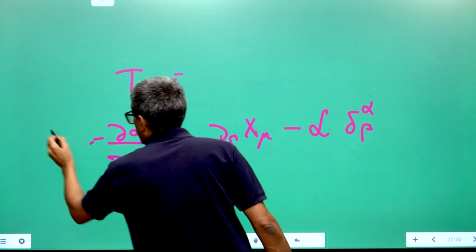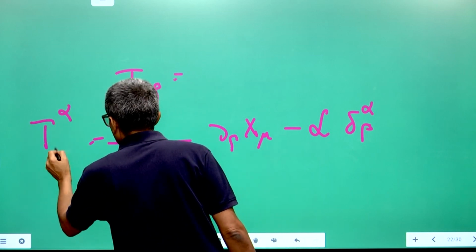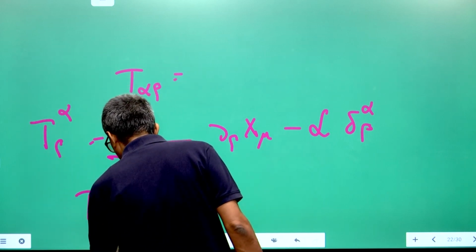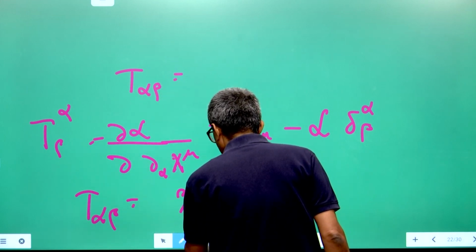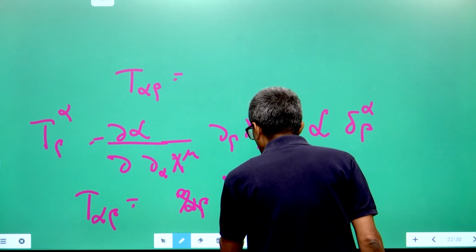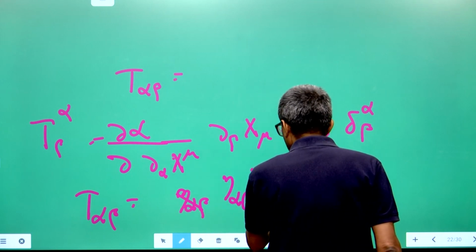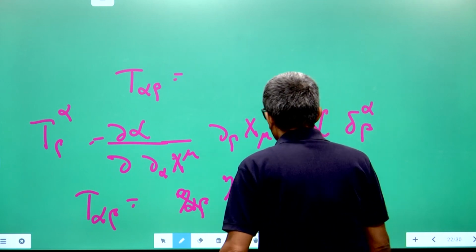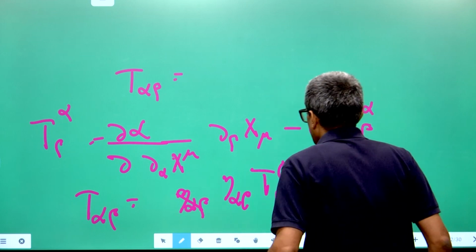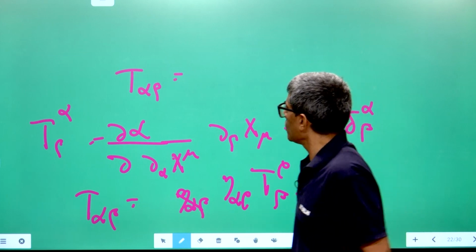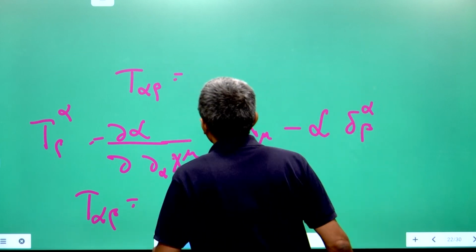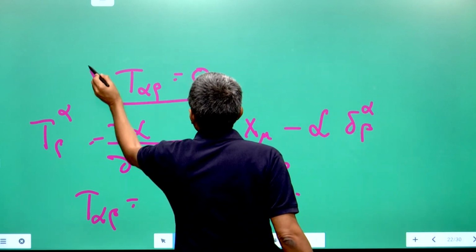If you call this T_{αβ}, then the contravariant energy momentum tensor is simply given by η^{αρ} T_{ρβ}. So if you write down the energy momentum tensor of this, it will be a quadratic form in the partial derivatives of the x^μ, and that will vanish. So the equation of motion for the metric comes out to be this.